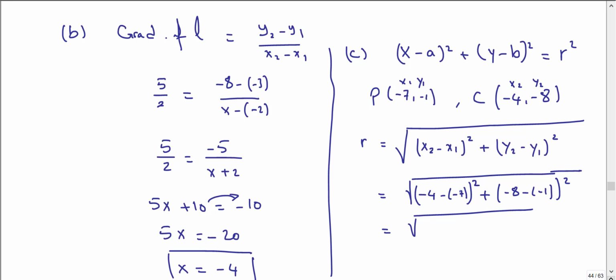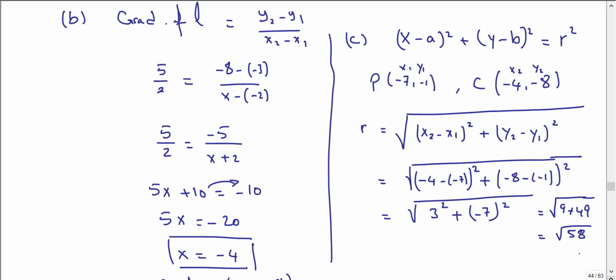That's 3 squared, plus negative 7 all power 2. This is going to be the square root of 9 plus 49, so it will be the square root of 58. Are you following?